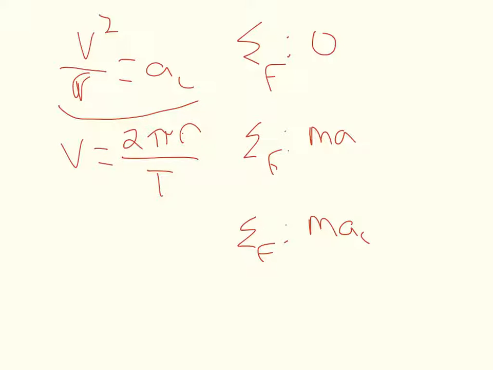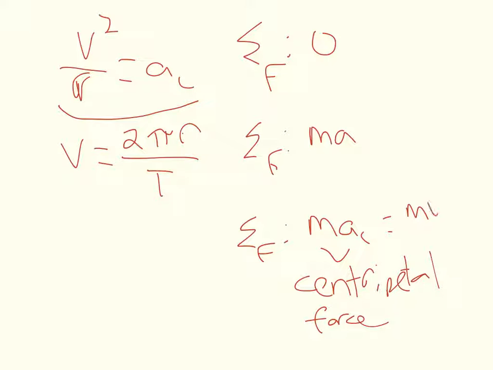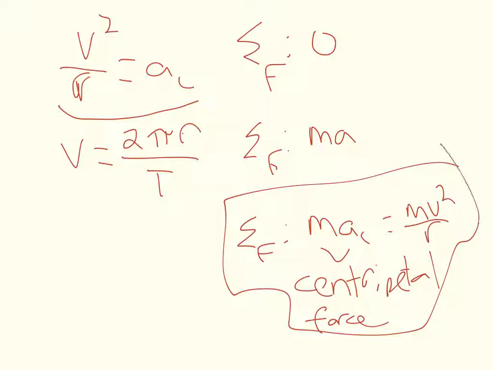In those particular special cases, the sum of the forces adds to be m times centripetal acceleration, and we call this the centripetal force. It can also be written as mv squared over r. Okay, and so this is for the special case of uniform circular motion.